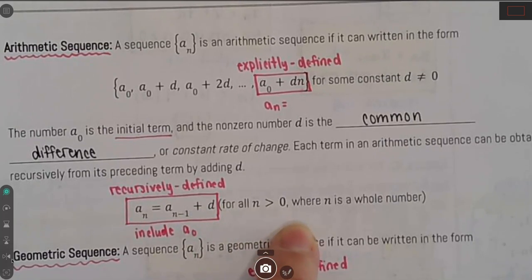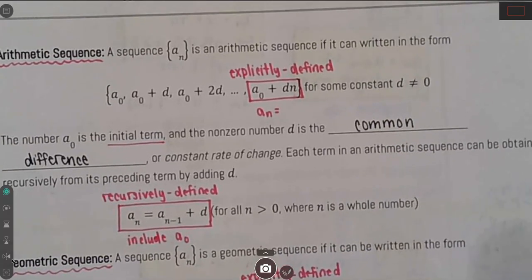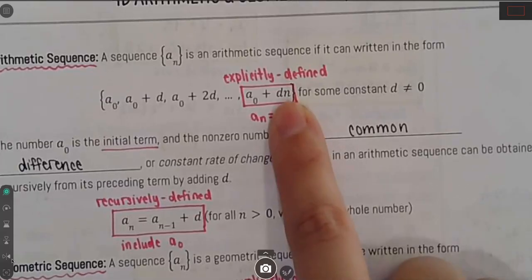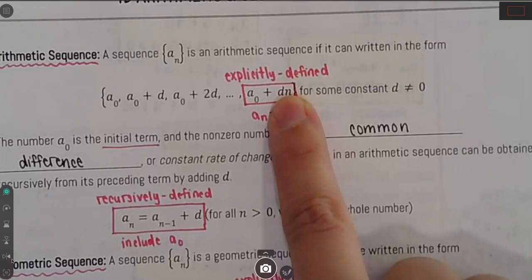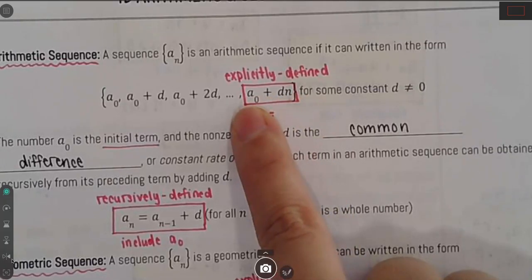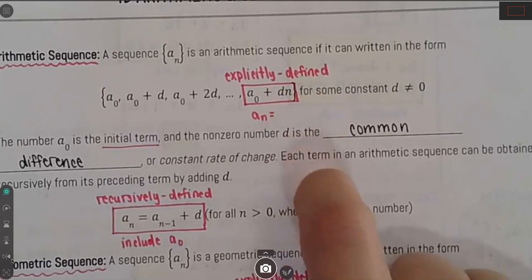And this is where n is greater than 0, n is a whole number. Okay, the explicitly defined sequence, this is a sequence where if I want, say, the 10th term of the sequence, I can plug in 10 for n, and then of course also plug in your initial term and the common difference, and if I do that, I will get this.